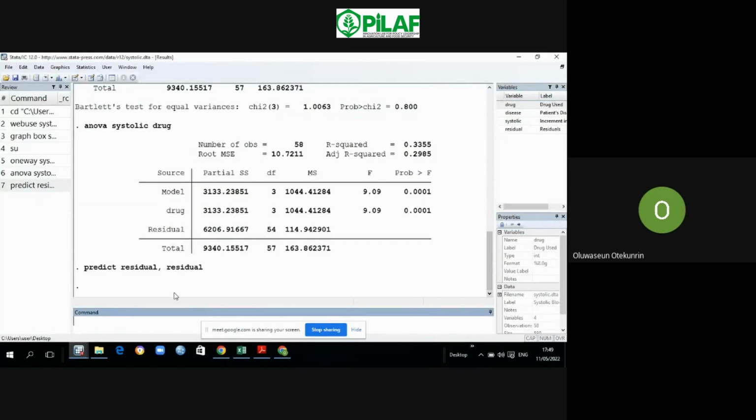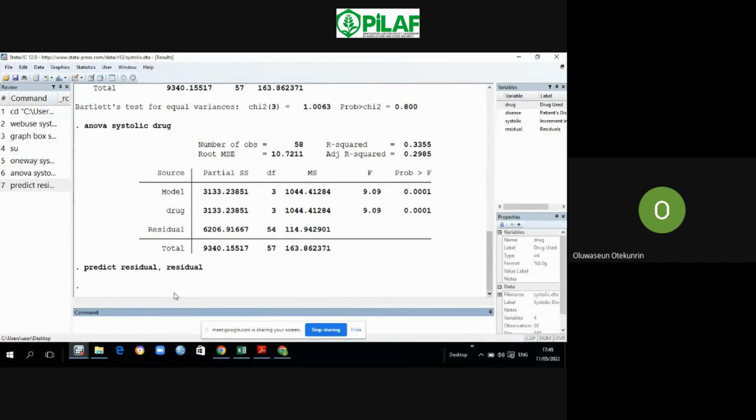The first thing we would like to do is check if our residuals are normally distributed. That is assumption 5. To do that, we can go through 3 ways. Number 1, we plot a histogram of residuals.